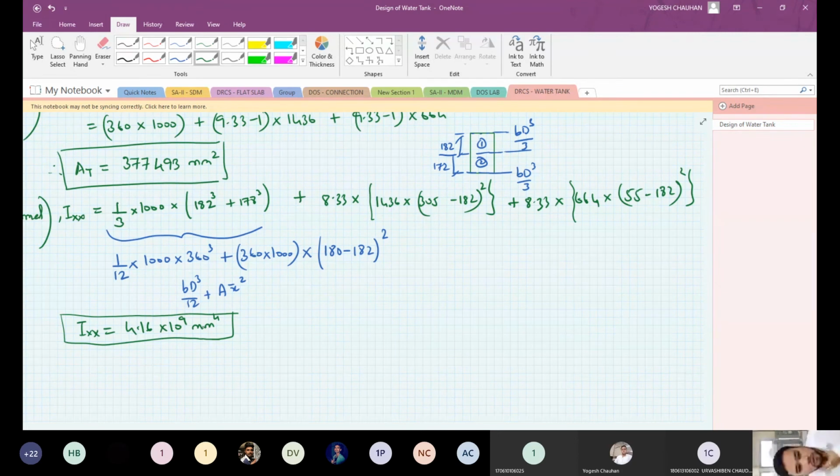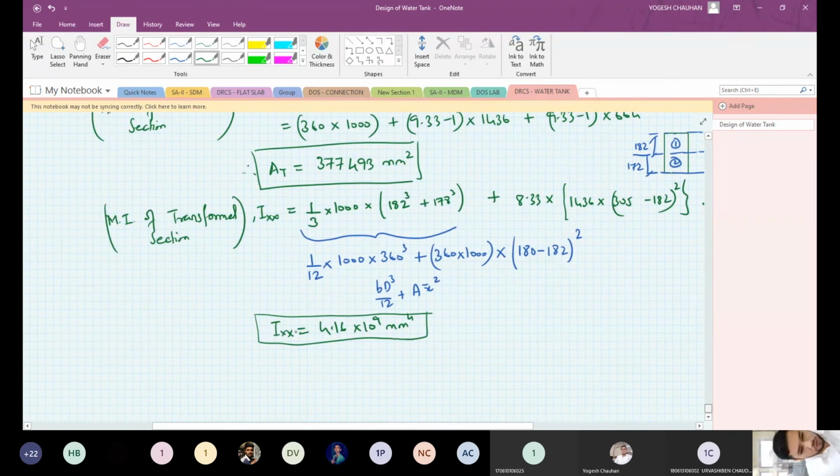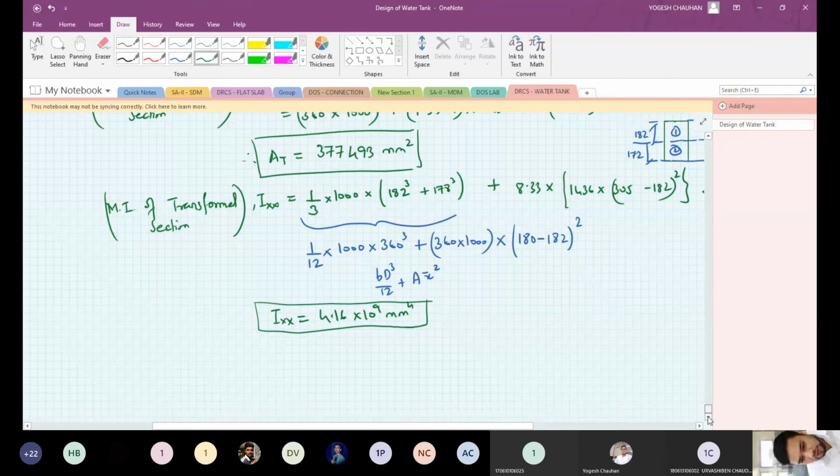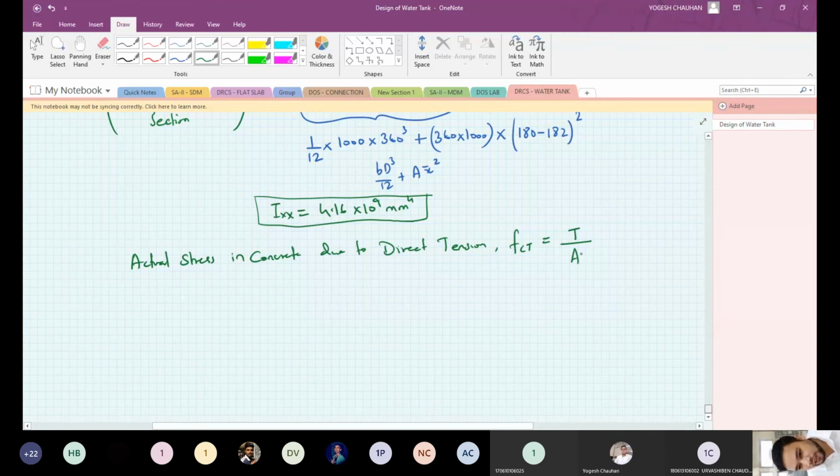So it is 4.1596, that is 4.16 into 10 to the power 9. So you have now a moment of inertia also. So your actual stress in concrete due to direct tension, that is FCT, is equal to T divided by A, tension divided by the area.